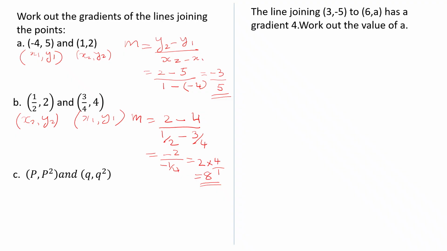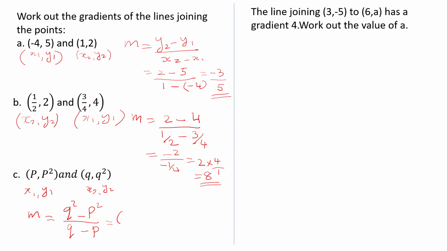So next one, this is x1, y1, x2, y2. So m equals q squared minus p squared divided by x2, which is q, minus x1, which is p. Now you can see the top, q squared minus p squared, is a difference between 2 squares, with a negative sign in the middle.